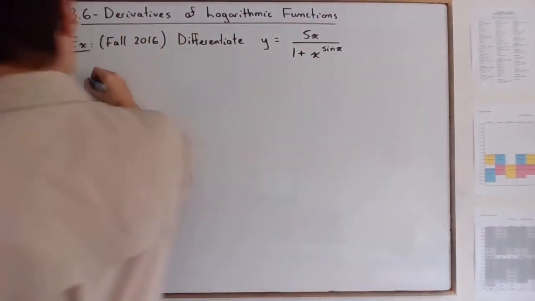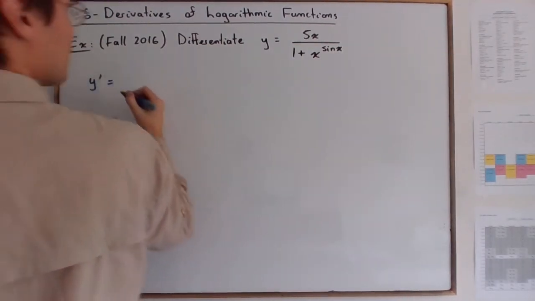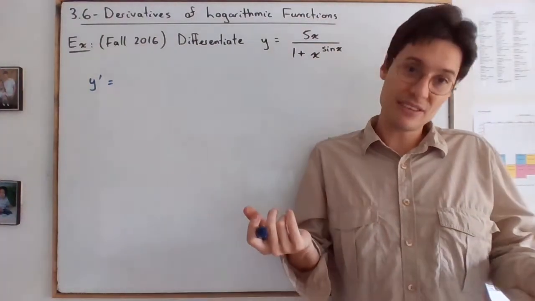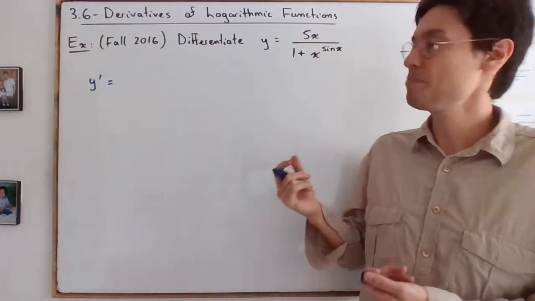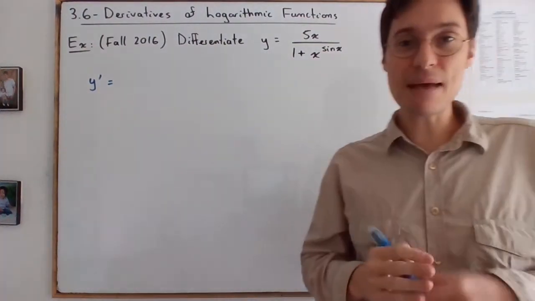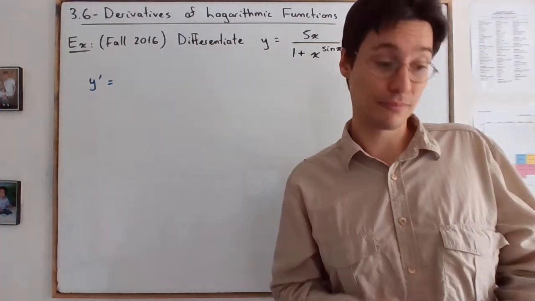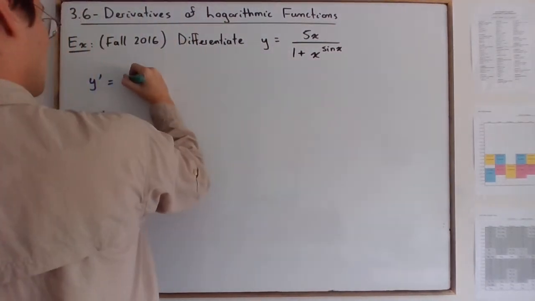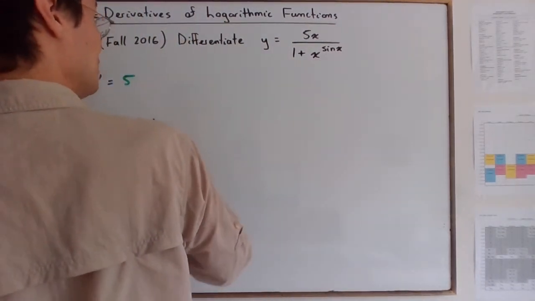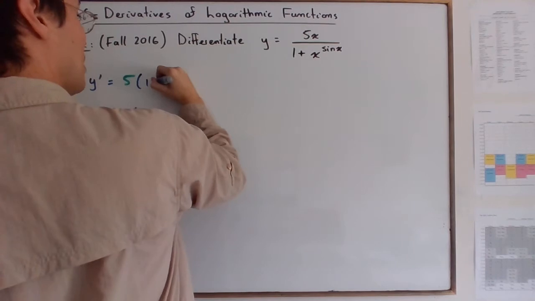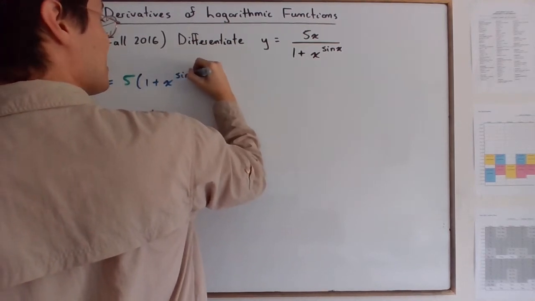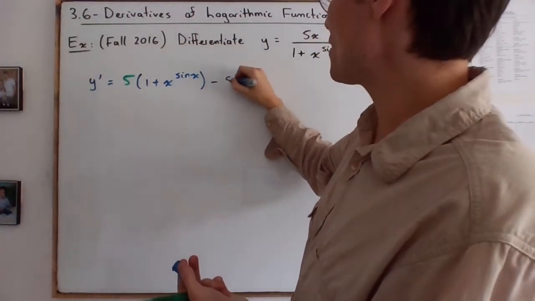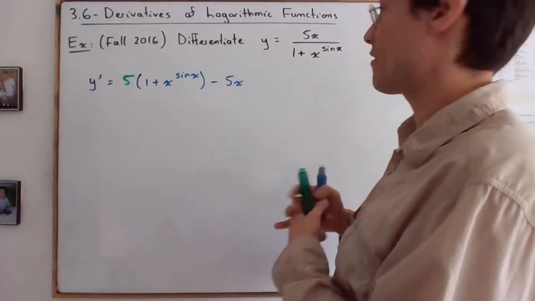The first step is the preparation step, but remember, there's actually nothing to simplify here. The second step is to use the quotient rule. So we're going to have the derivative of the top times the bottom, so 1 plus x to the power of sine of x, then minus the top times the derivative of the bottom.